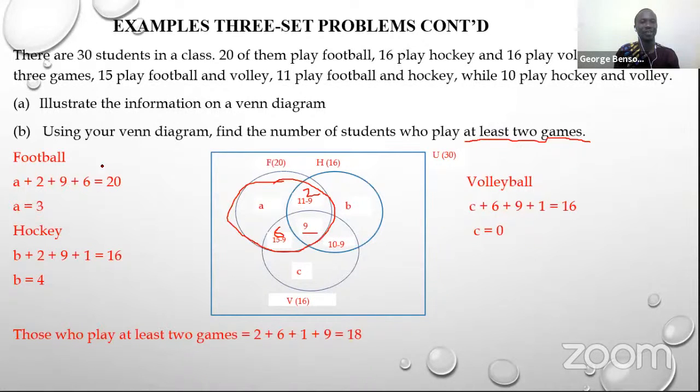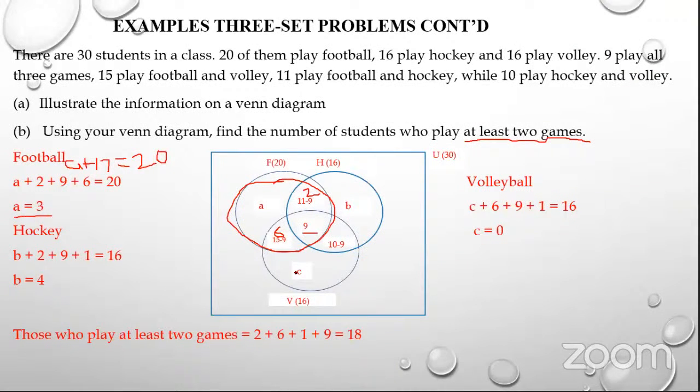So A plus 17 is equal to 20. We subtract 17 from both sides, and we finally get A equals 3.